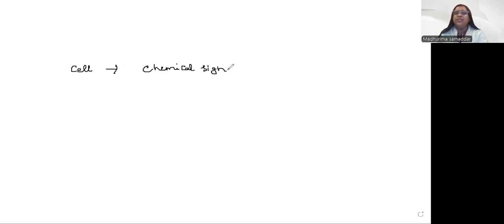This chemical signal can be a protein or any molecule that is produced by the cell as a signal. The cell that is producing this protein is called the sending cell.